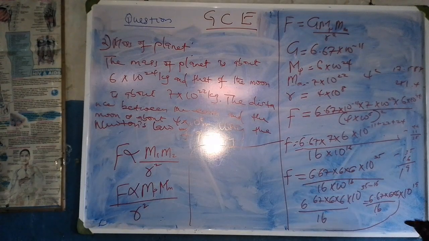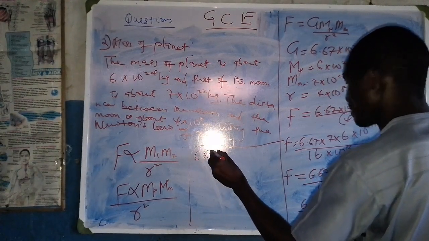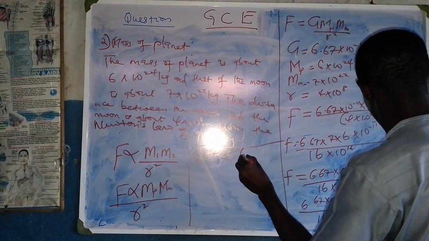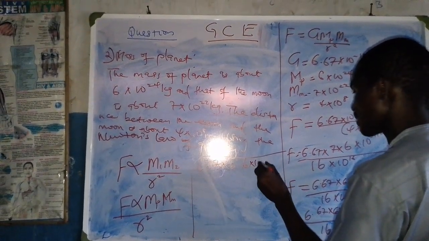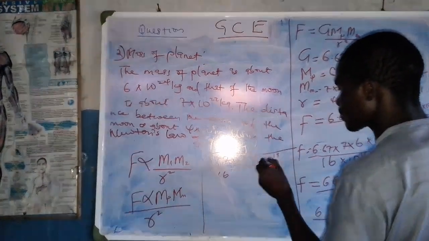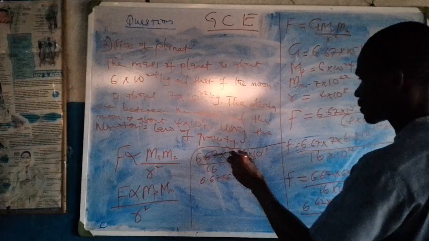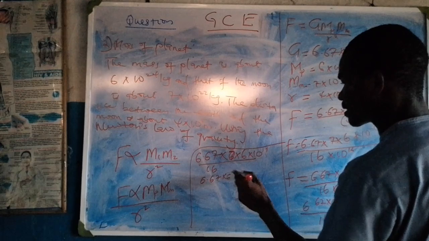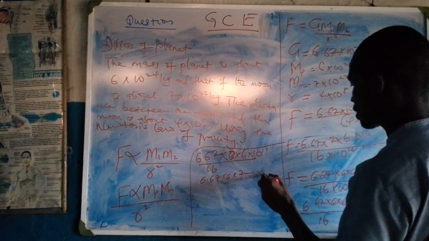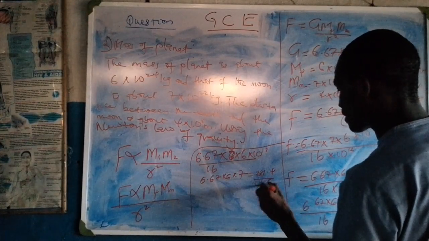Continue. Now, we have reached here. I'm going to have 6.67 times 6.6 times 10 raised to the power 19 all over 16. Now let's take 6.67 times 6.6 times 7, I'm going to have 281.4 all over 16.